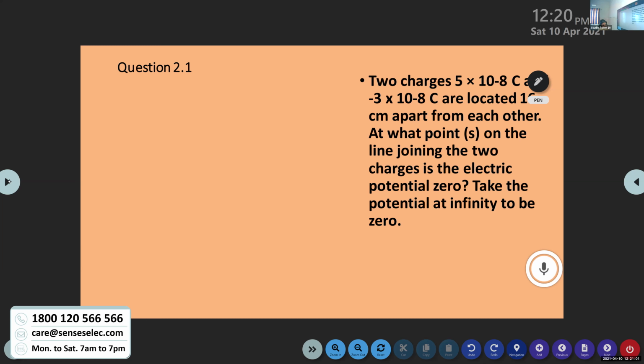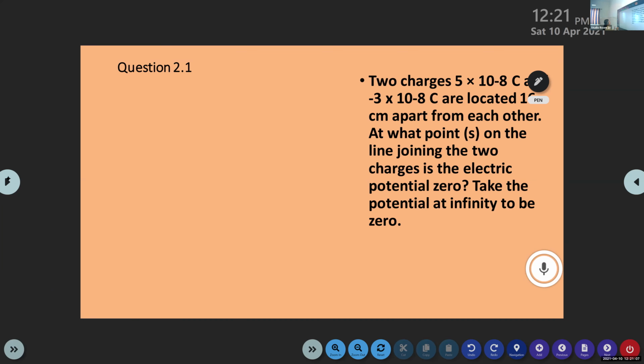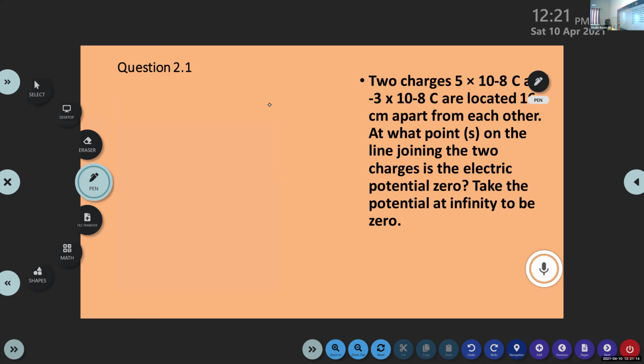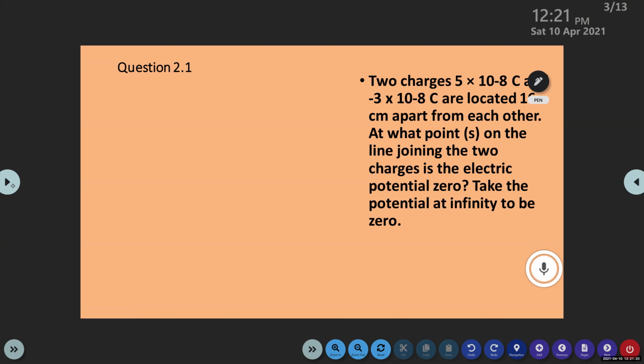The first question. So here we have two charges. What are the two charges here? Q1 and Q2 are given in the question. 5 into 10 raised to minus 8 and minus 3 into 10 raised to minus 8.